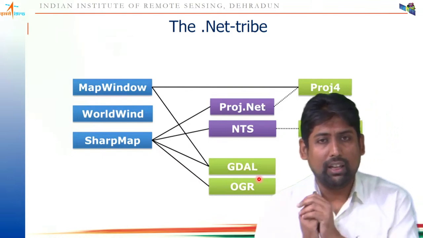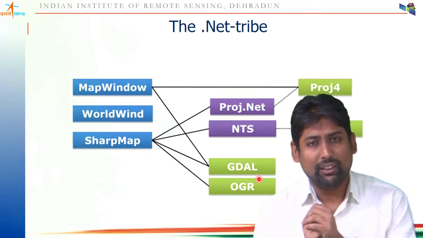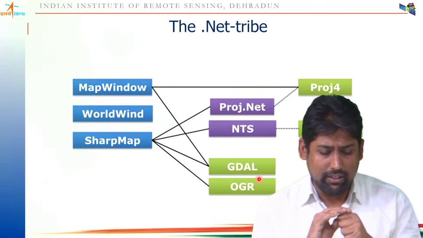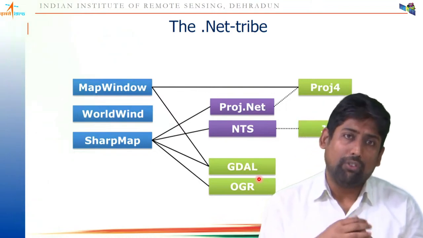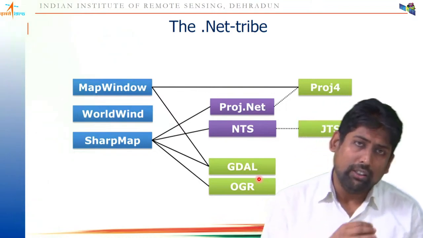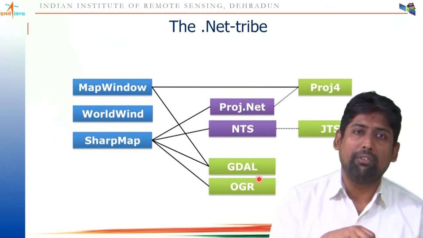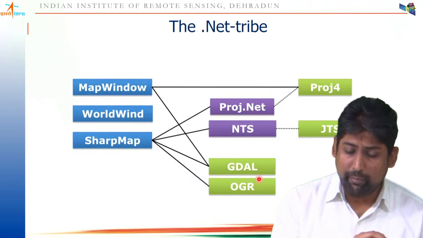So, for example, GDAL OGR is primarily written in C++ or C, but it has wrappers for Java, for PHP, for .NET, so that programmers in these different languages can also use the benefits of the GDAL library.